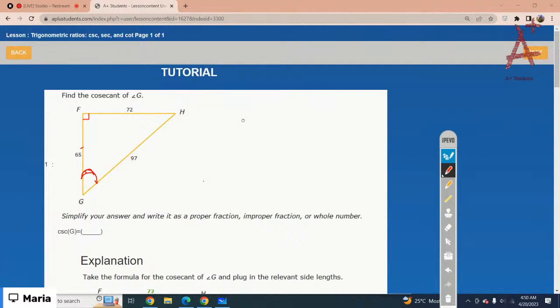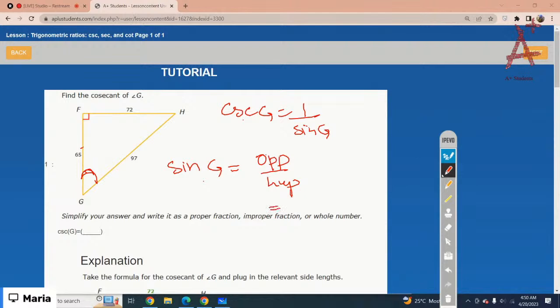Cosecant is 1 divided by sine of angle G. Got it? Let's just calculate the sine of angle G. Sine of angle G would be opposite divided by hypotenuse. So when you calculate sine of G, opposite from G is 72 and hypotenuse is 97.